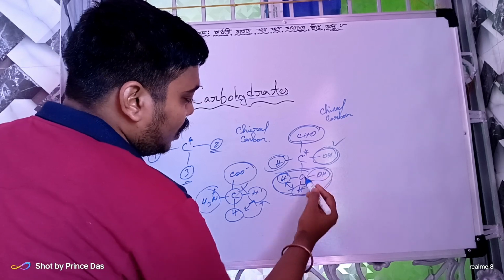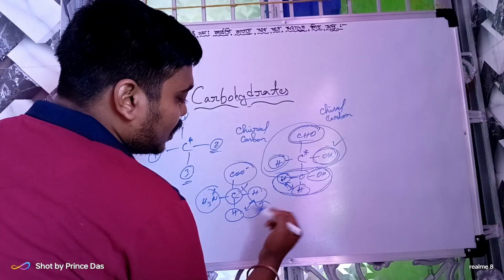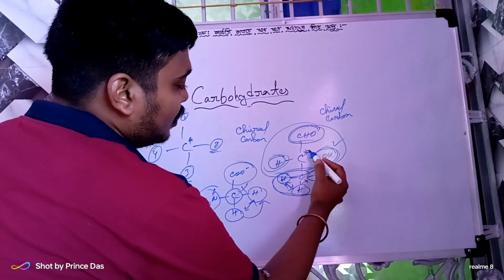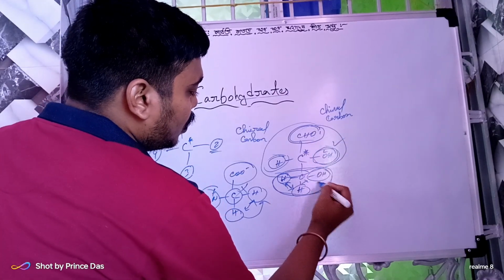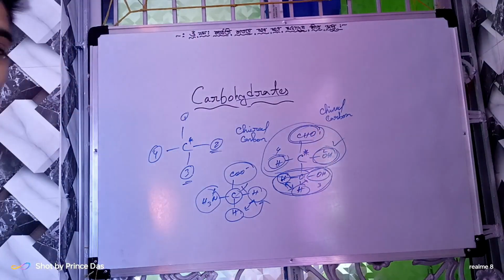Here may be a different one, here may be a different one, but both of these two are the same. So this one cannot be the chirality or chiral center. This one is the chiral center because it has 1, 2, 3, and 4 different groups. Okay, got it?